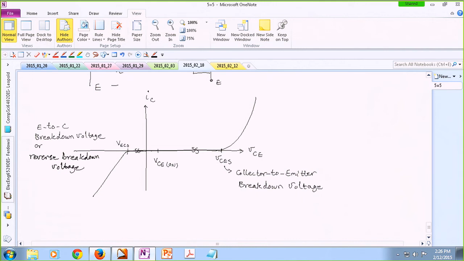So I'm just going to put a bunch of numbers here. For instance, you can buy an IGBT that can handle 600 volts, 1200 volts, 1800 volts, something like that. But this reverse breakdown voltage is usually small, for instance, only 18 volts.